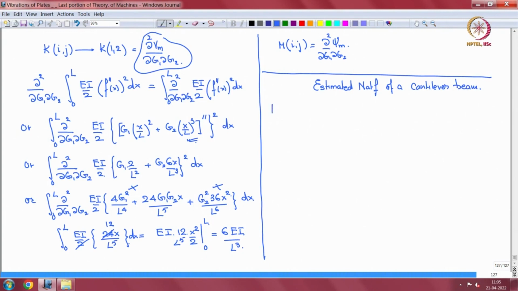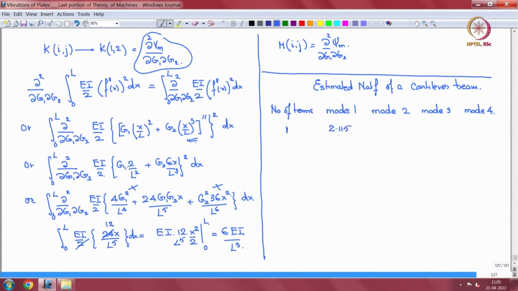So the table is this: number of terms chosen, then mode 1, mode 2, mode 3, mode 4. If you have just one term, then you can estimate the first natural frequency.